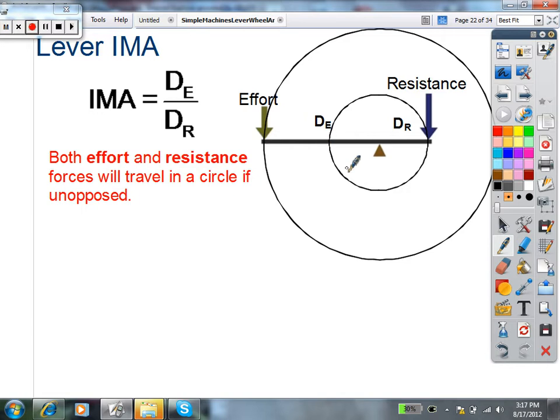So if you think of this in terms of pivoting around the fulcrum, the effort will cause a rotation in the counterclockwise direction, and the resistance, if it's unopposed, will cause us to rotate in a clockwise fashion. But both of these are going to be traveling around in a circle if they're unopposed.